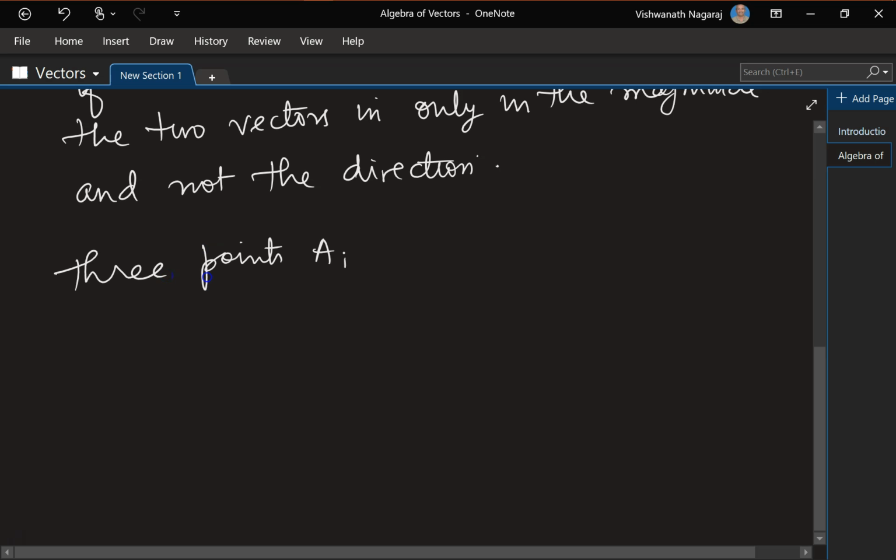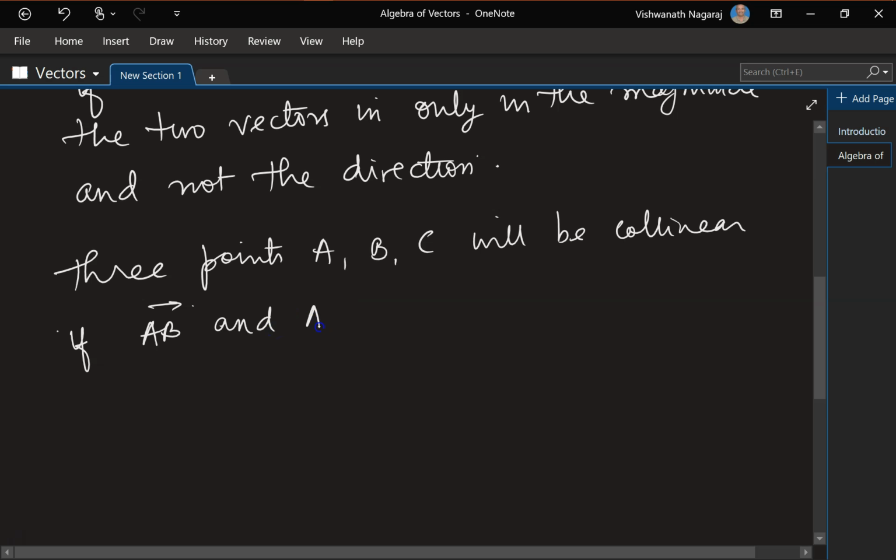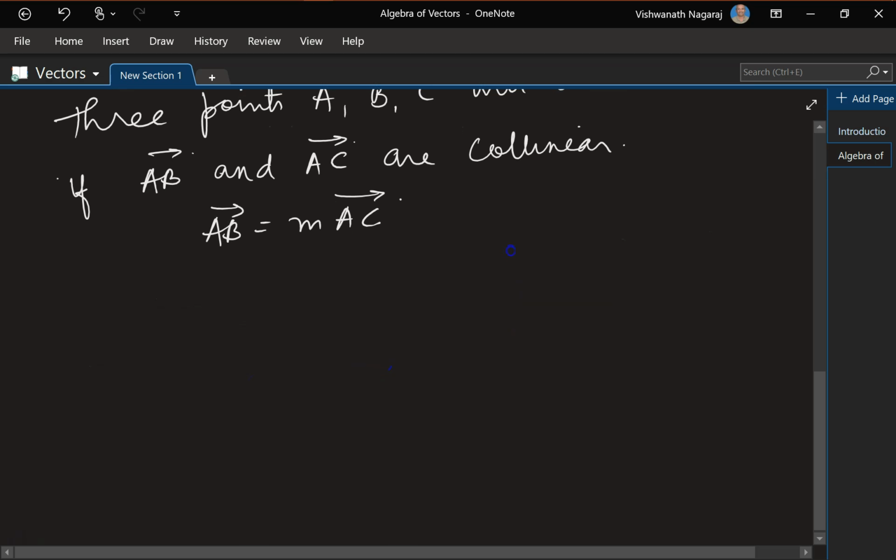Three points A, B and C will be collinear if vector AB and vector AC are collinear. That means AB is equal to m AC. Let's look at this aspect.